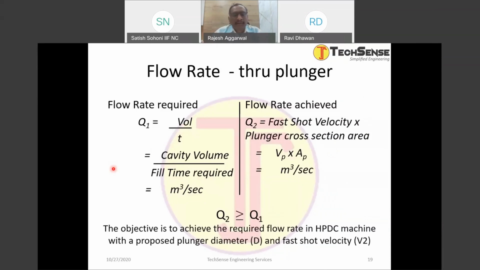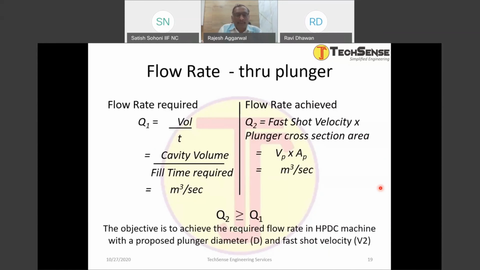As you remember, so far we have discussed the fill time requirement without having any volume. We talked only about the casting thickness. Now, when we talk about the die casting process, it is not only the fill time, we have to fill up a certain volume. It is the volume of the component we are designing the die for.